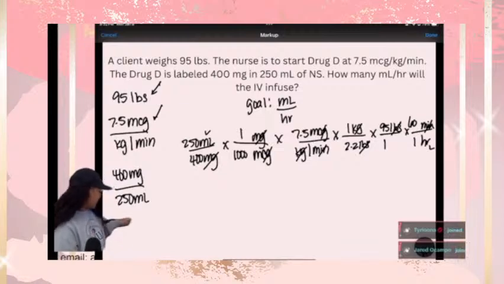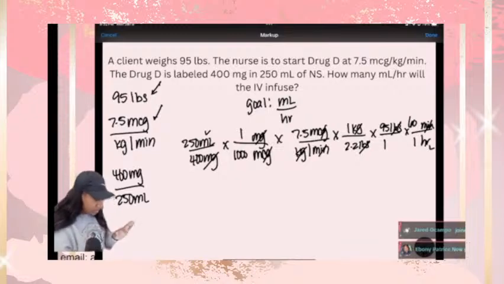Yes, Miss Ebony Patrice. You doggone skipping. You need your hours. So 250 times 7.5 and 95 and 60 divided by 400 divided by 1,000. And the calculator trick comes in handy with these problems right here, because you're going to get some long, funky looking numbers.